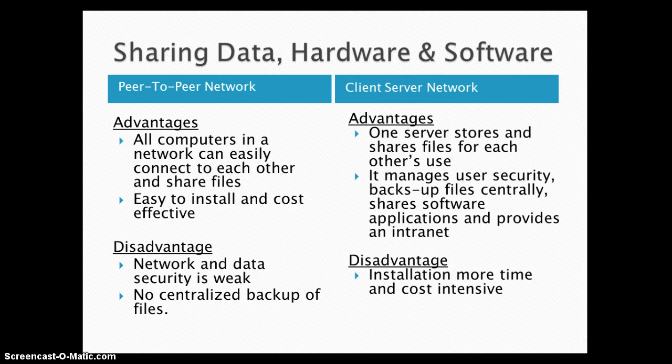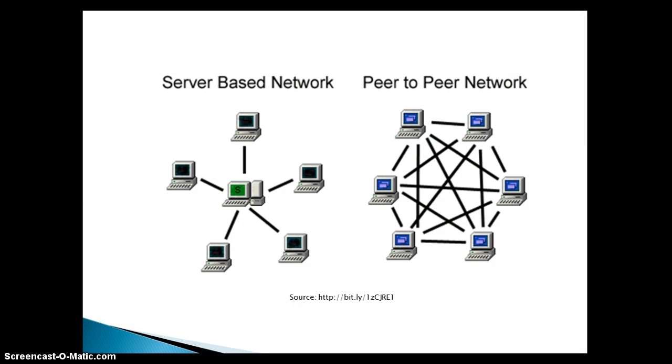As for the client-server network, the advantages are that one server really stores and shares files for each other's use. It manages user security, it backs up files centrally, it shares software applications, and if wanted, provides an intranet. The disadvantage is obviously that it does cost more to install a client-server network.